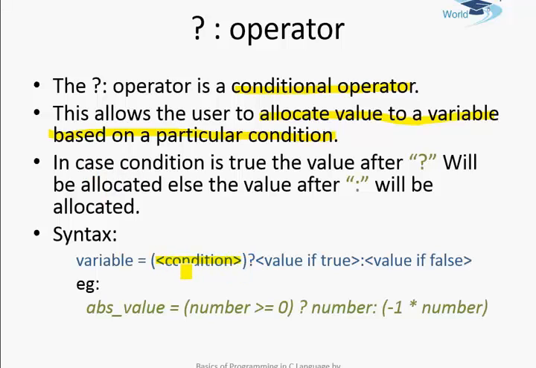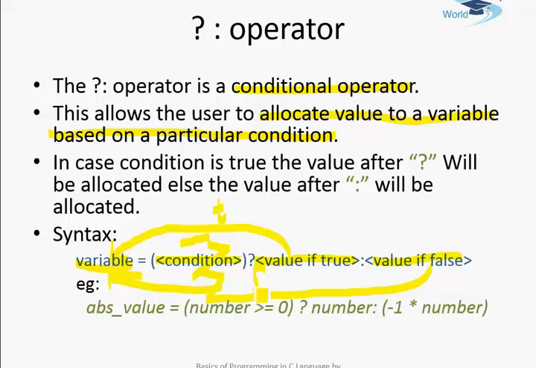If this condition is true, the value right after the question mark will be allocated to the variable. In case the condition is false, the value specified after the colon will be allocated to the variable.